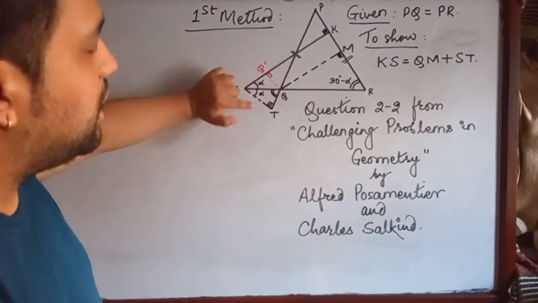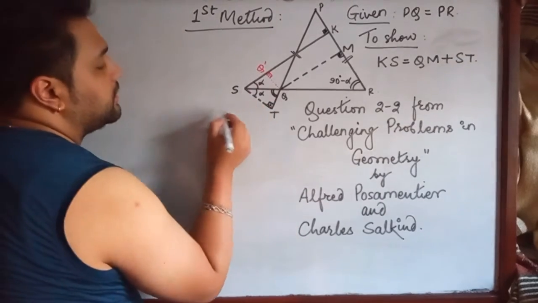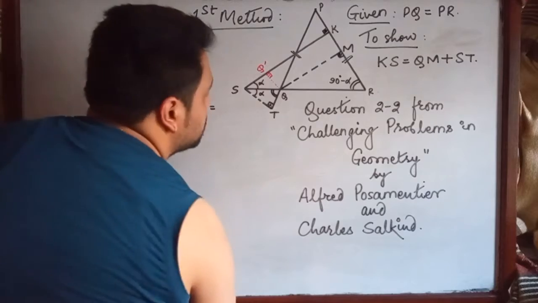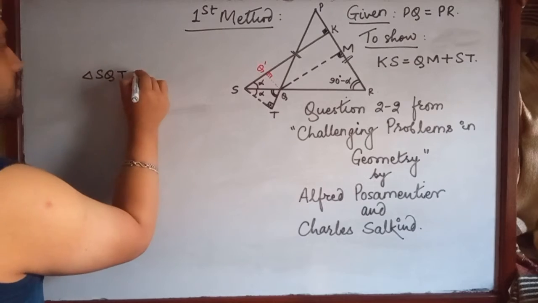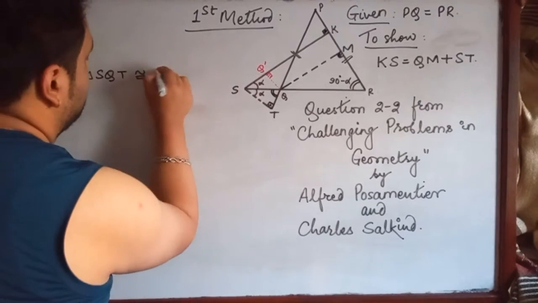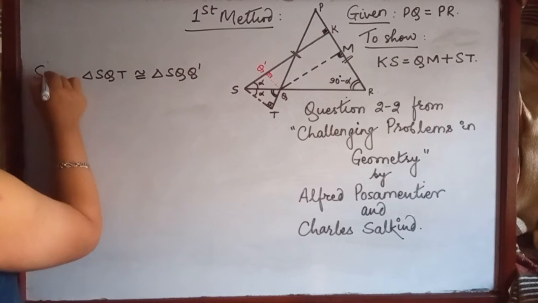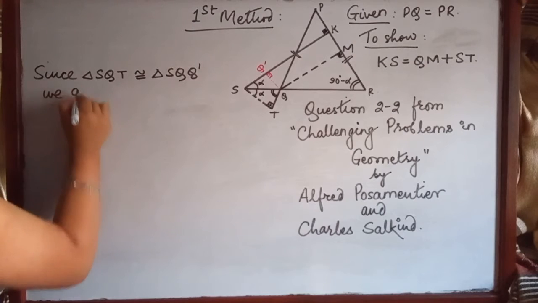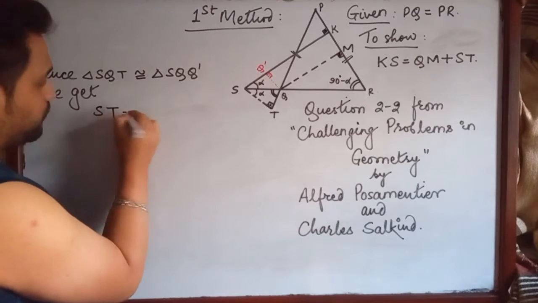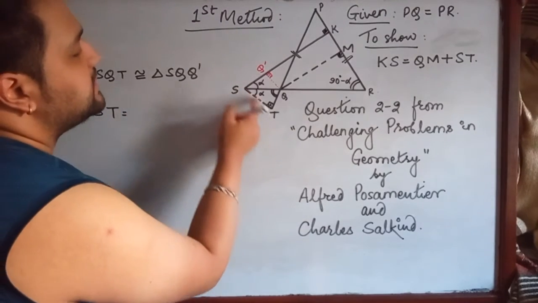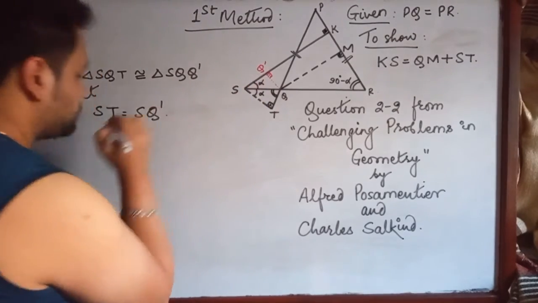So these two triangles are congruent, as a result of which, since triangle SQT is congruent to triangle SQQ dash, we get ST is equal to SQ dash.